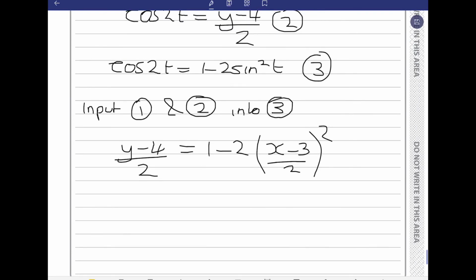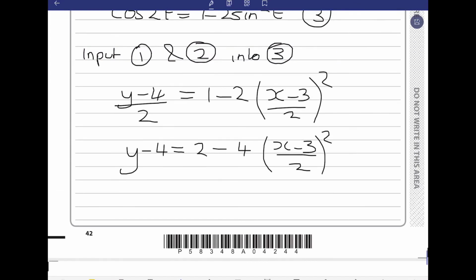Now we can multiply by 2 to get y minus 4 equals 2 minus 4 times ((x minus 3) over 2) squared. And this ((x minus 3) over 2) squared is (x minus 3) squared over 2 squared, which is 4, so we just get (x minus 3) squared.